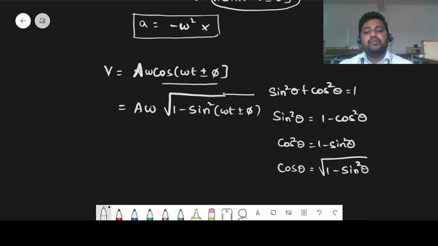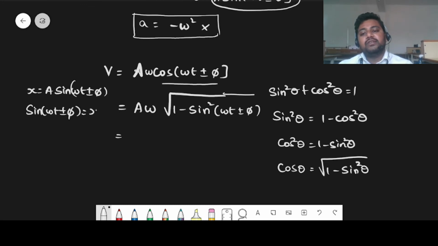Now we know x is equal to a sine omega t plus or minus phi. So from this equation, sine omega t plus or minus phi can be written as x by a. Substituting that in this equation, velocity will become a omega into under root of 1 minus x square by a square.